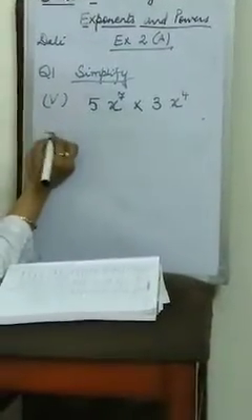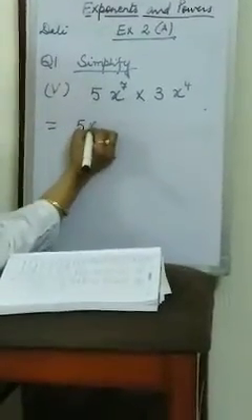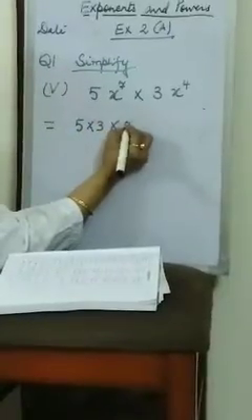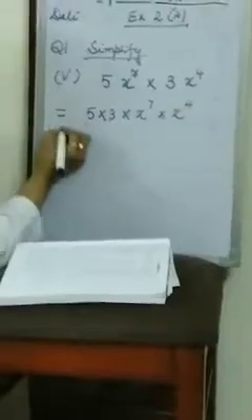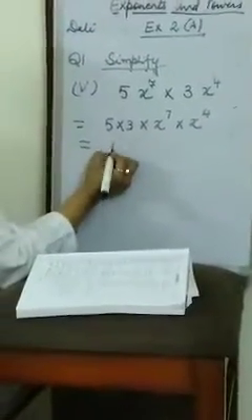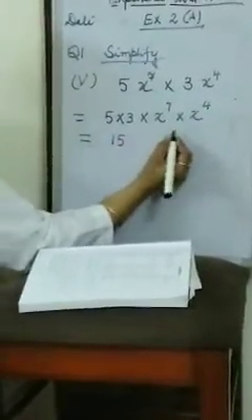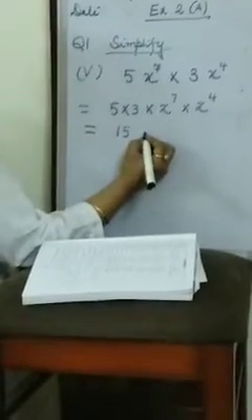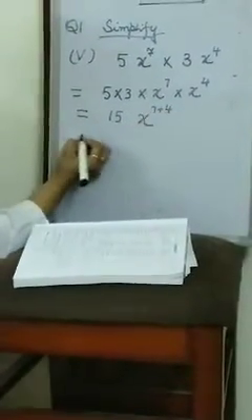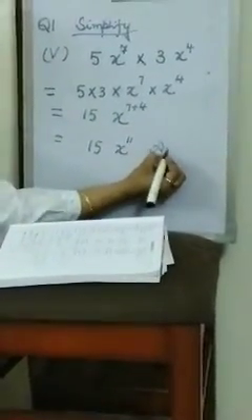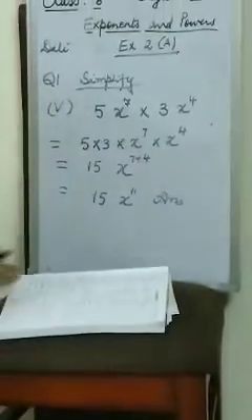So how do we write? 5 into 3 into x to the power 7 into x to the power 4. Next step, 5 threes become 15. On multiplication, the base is the same, so powers get added. So we write x to the power 7 plus 4. That becomes 15x to the power 11. So this is the solution for your 5th bit.